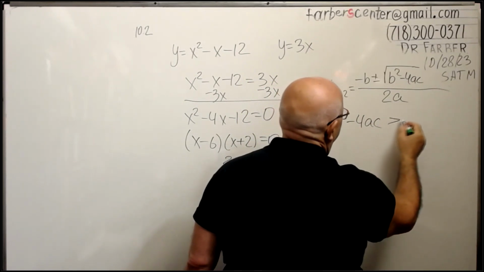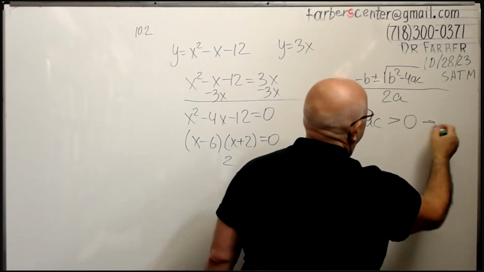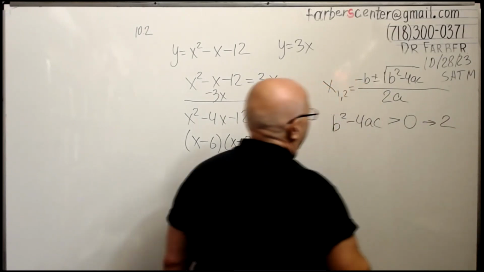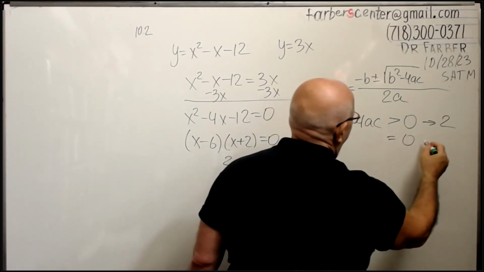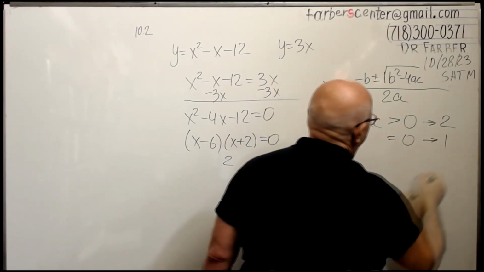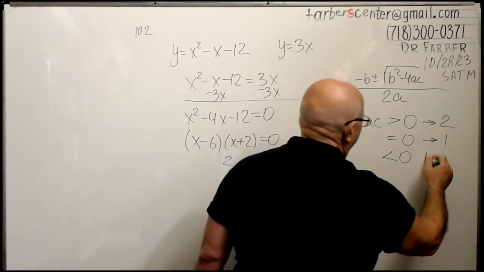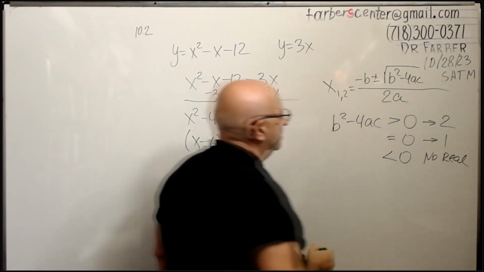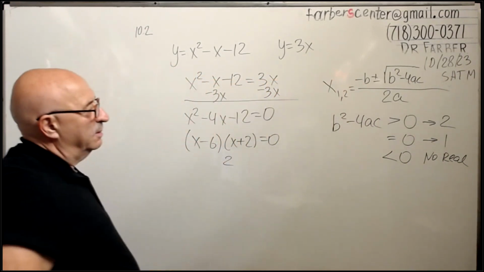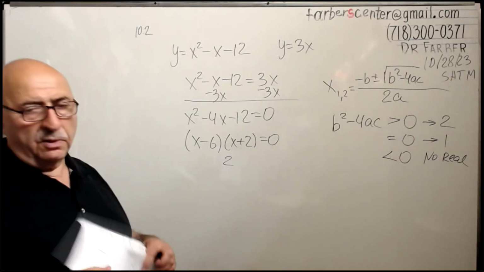If this is greater than 0, we have 2 solutions. When it equals 0, 1 solution. If it's less than 0, no real solutions, only complex. So either one. This is much more powerful. For this simple example, this is enough.